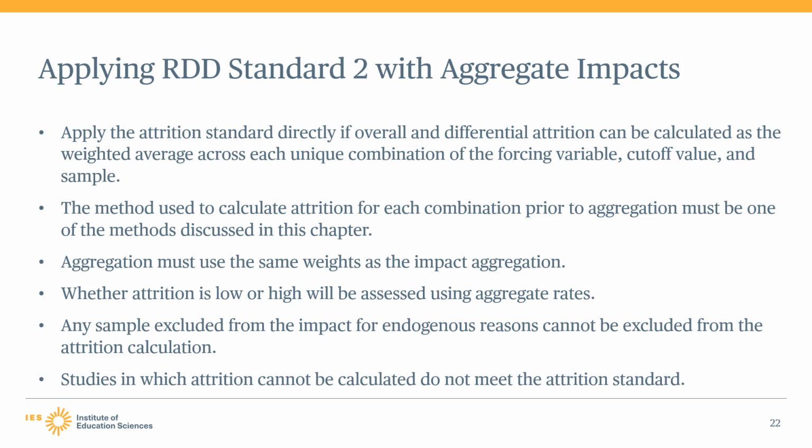The attrition standard is then applied to the combination of overall and differential attrition based on the weighted average. RDD Criterion 2C can also be applied directly, as previously described.